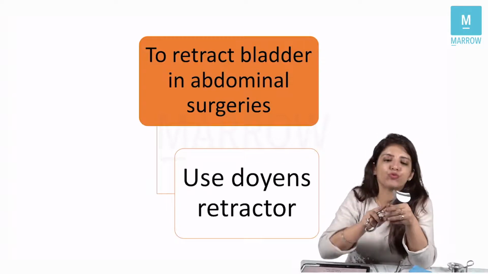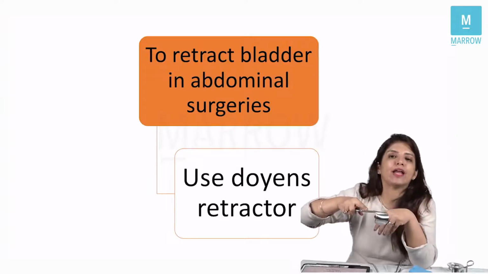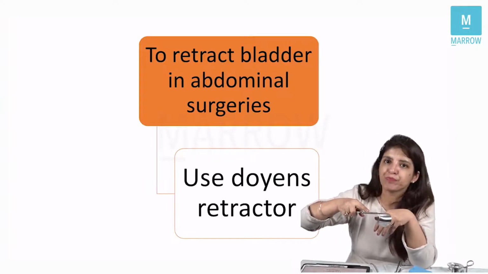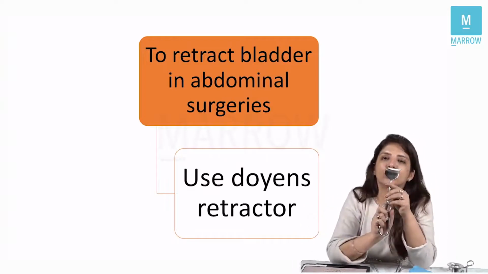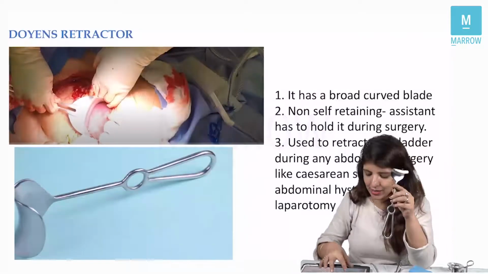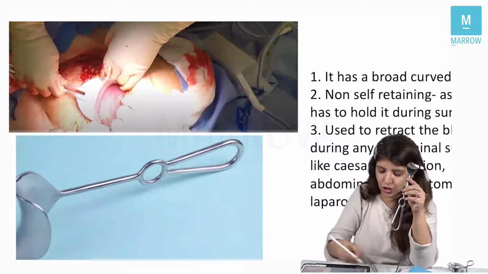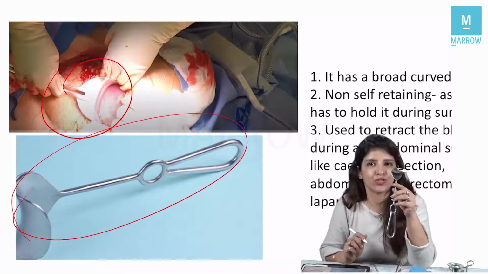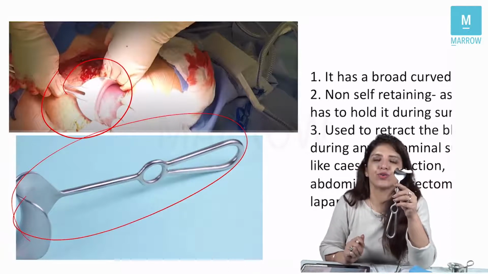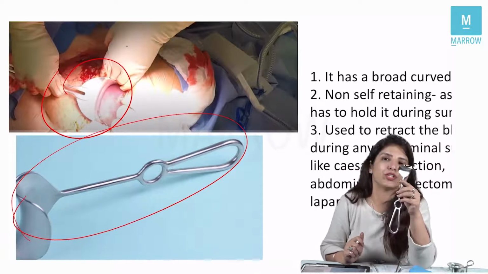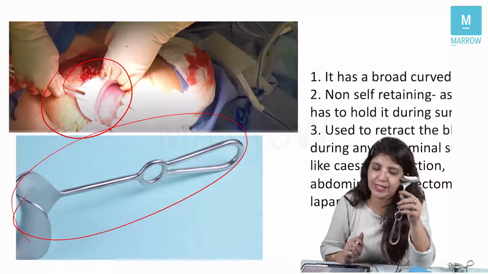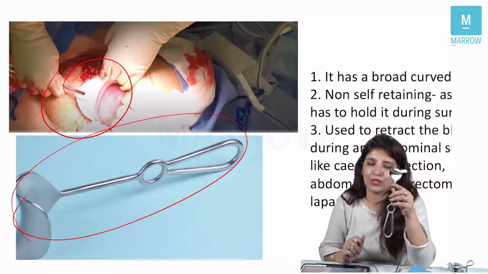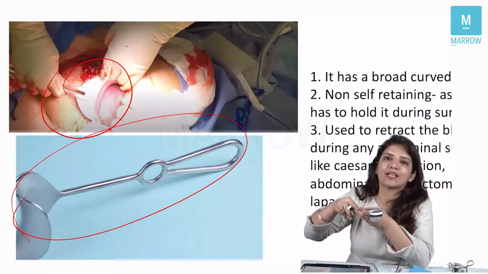So it is used for retracting the bladder in abdominal surgeries, right? This is a Doyen's retractor. So you can see a Doyen's retractor being used here in this image, right? And this over here is Doyen's retractor. Doyen's retractor is a non-self-retaining retractor, right?